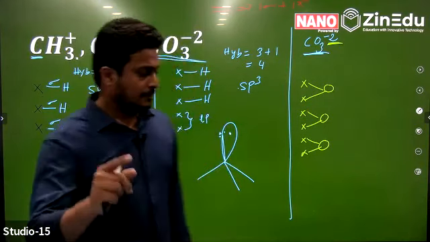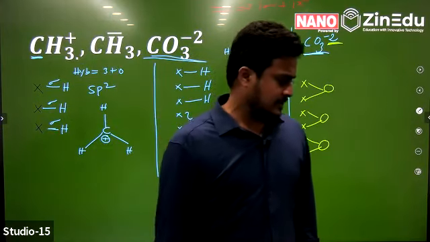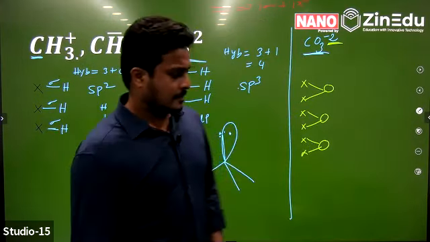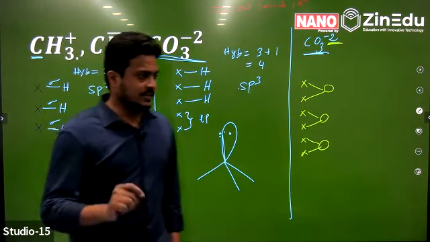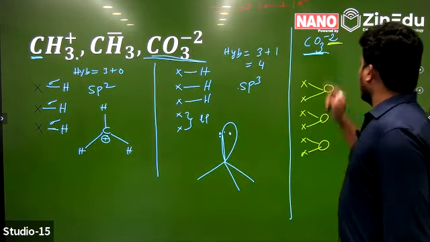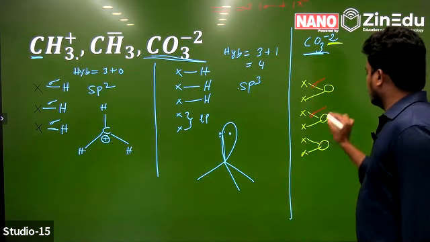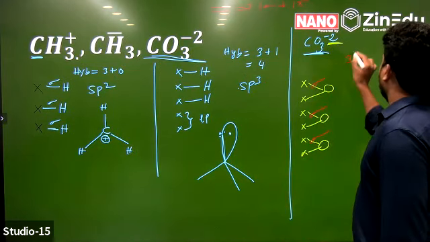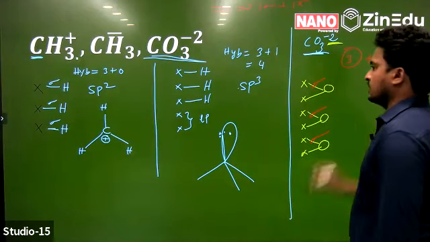Nice. Now, which type of bonds are involved in hybridization? Sigma bonds or pi bonds? Sigma. Yes, only sigma bonds are involved in hybridization. So, can you count how many sigma bonds are there? 1, 2, 3 sigma bonds. So the total count is 3, because there is no lone pair of electrons.